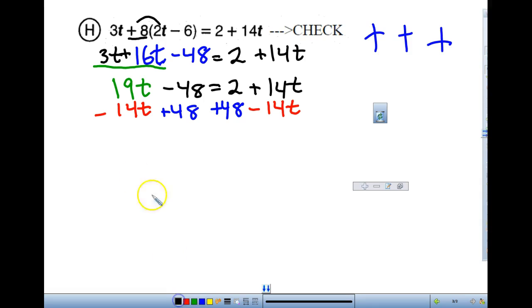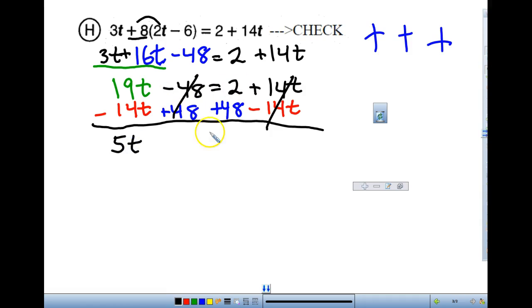Do two steps of algebra at the same time. That equals 0. 14 minus 14 is 0. I have only variables on the left, only numbers on the right. 5 times what is 2 plus 48? 50. 5 times what is 50?